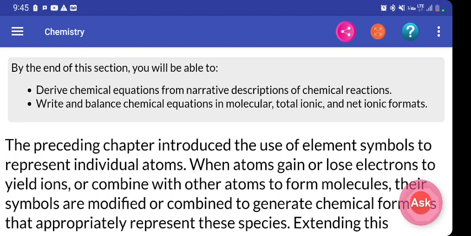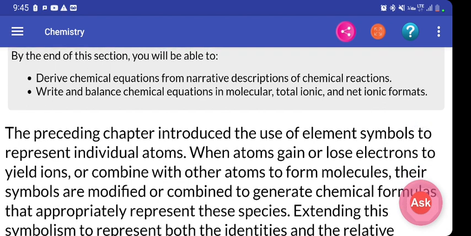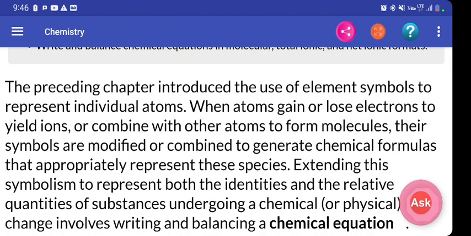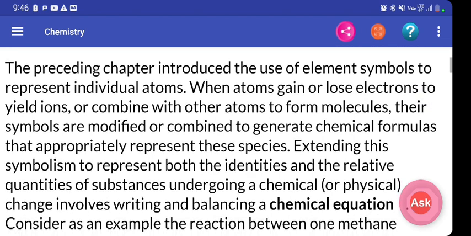The preceding chapter introduced the use of element symbols to represent individual atoms. When atoms gain or lose electrons to yield ions, or combine with other ions to form molecules, their symbols are modified or combined to generate chemical formulas that appropriately represent these species.